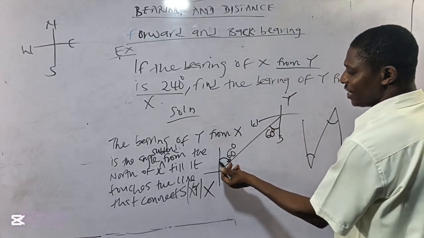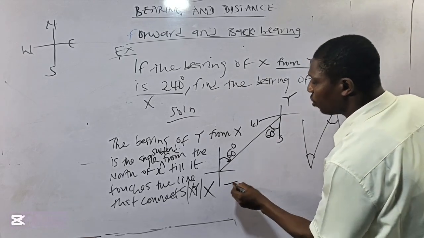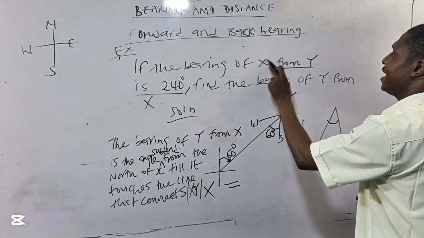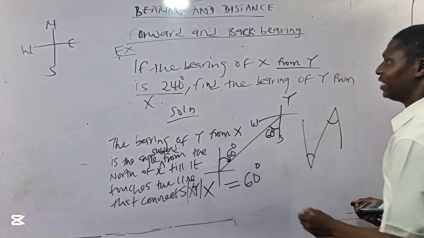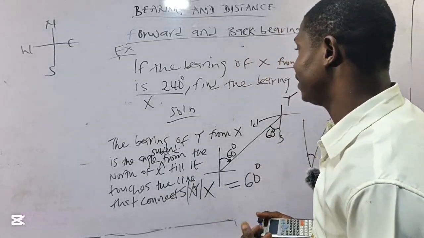So from the north of X till it touches here is simply the alternate of this, which is 60 degrees. So my angle is equal to the back bearing of X, Y, which is Y from X, 60 degrees.